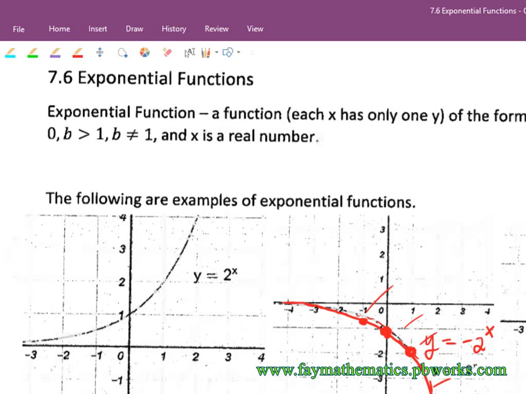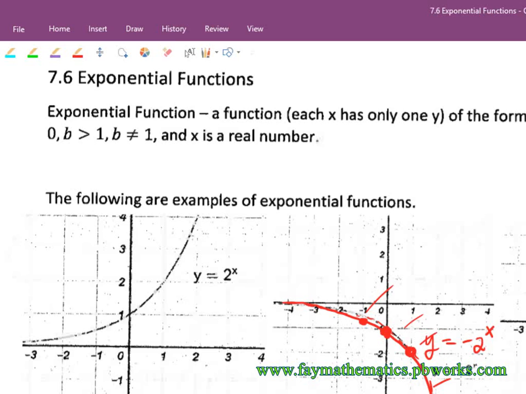Let's do x equals -1 again. Let's actually give myself a little bit more room here. If this is x, that's y.